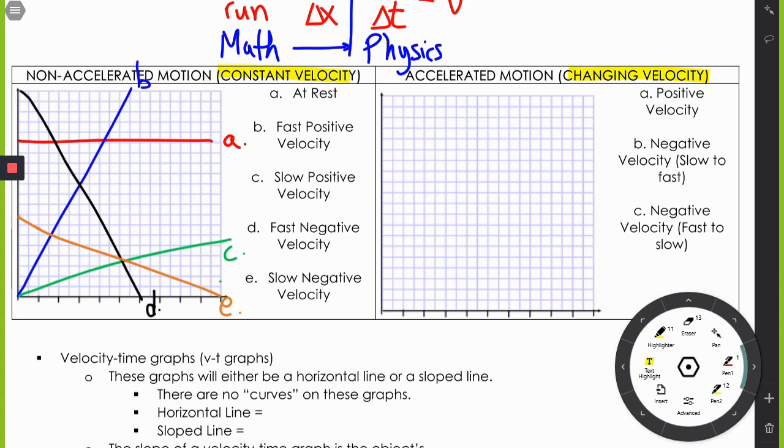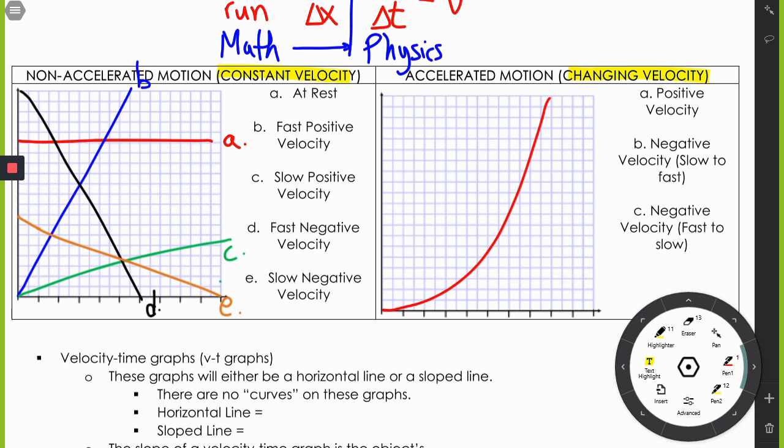you've got three different scenarios. You have a positive velocity, you have a negative velocity when it goes from slow to fast, and then you have a negative velocity when it goes from fast to slow. Okay, so because it is changing, it's going to be parabolic in shape. Over on the left side on our non-accelerated motion, the slope remains constant. On our changing velocity side, the slope is going to change, right?